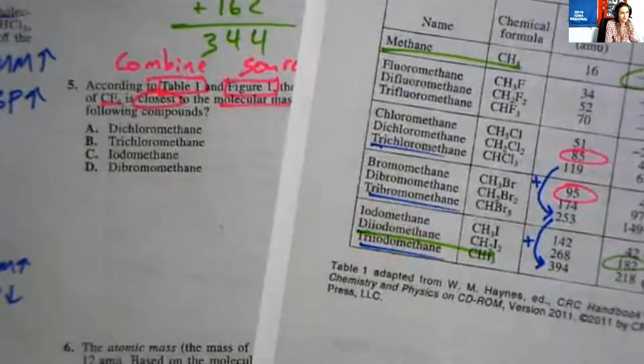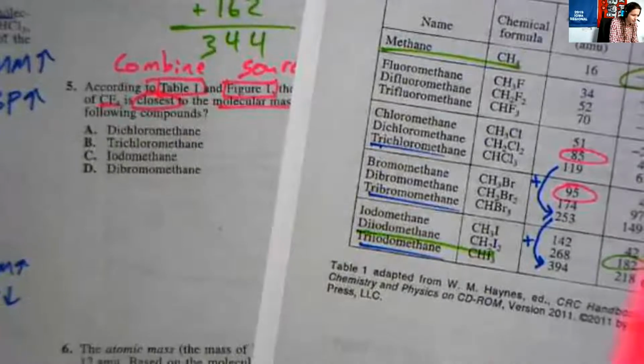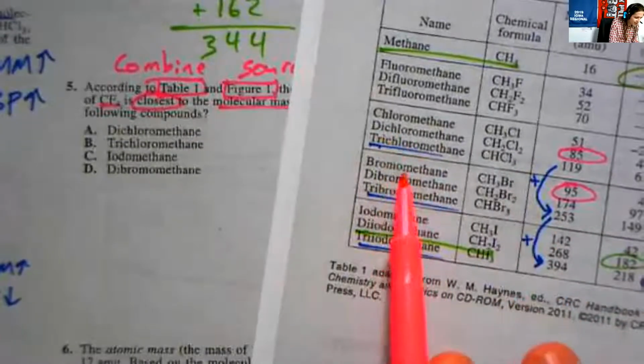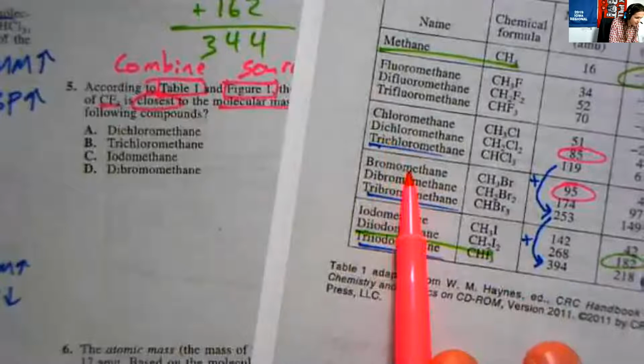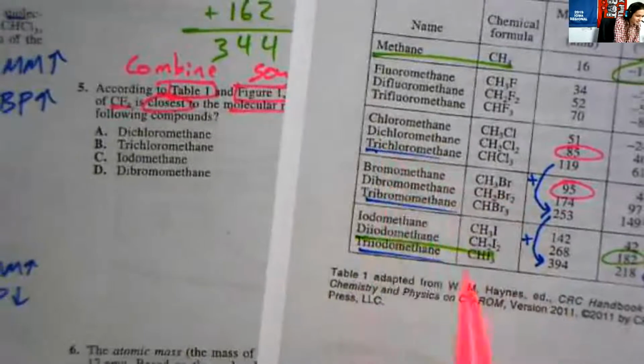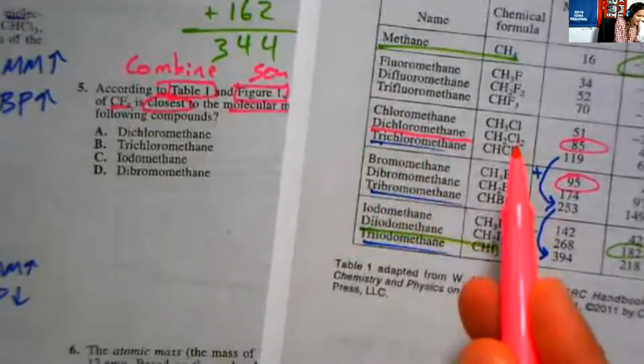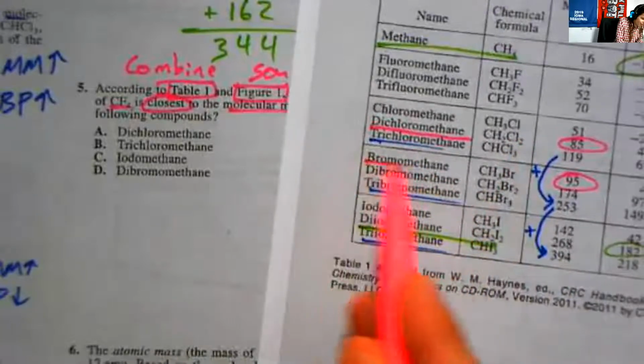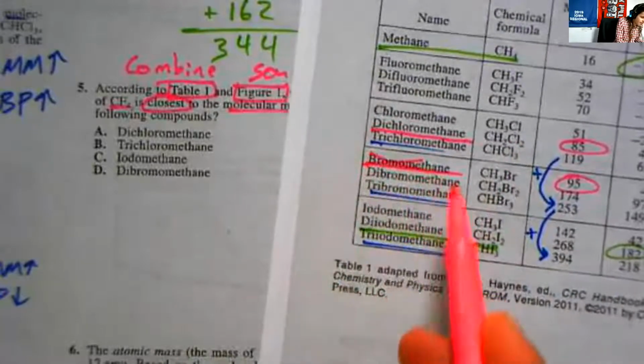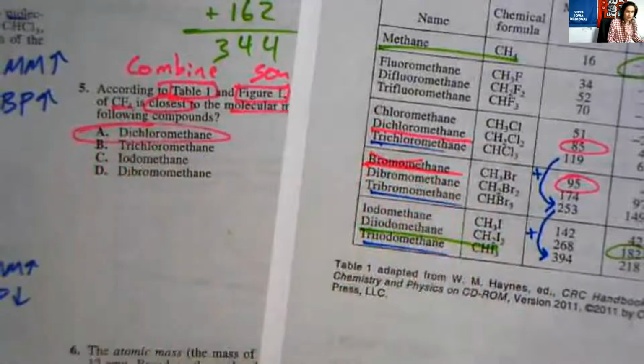Dichloromethane. You don't care about those words. They're terrible looking. So you look at those two words, dichloromethane, bromomethane. Turns out only one of them's on the list. The only one that's on the list is dichloromethane. You'll notice that bromomethane is not on the list. So we're going to choose A.